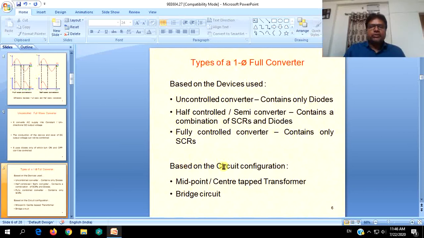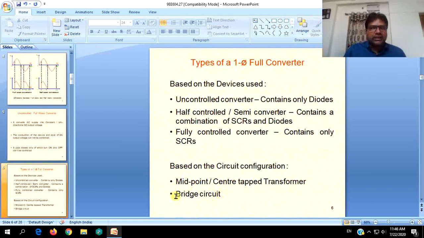Next, based on the circuit configuration, how the circuit is connected. It is midpoint, also called center tap transformer. The name comes from the supply which is given from the transformer with a center tap. And the other one is bridge circuit.